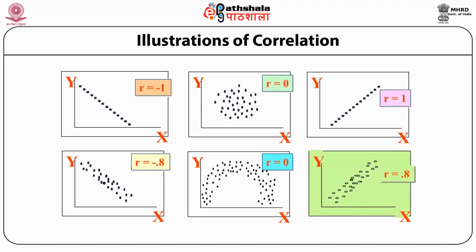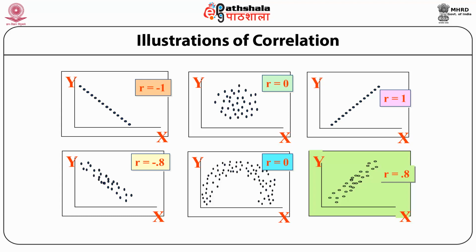Now in this slide you can see the different types of scatter diagram. When the value of r is equal to 1, it is a perfect linear relationship. When r is equal to minus 1, again it is a perfect linear relationship, but with a negative slope. And when r is equal to 0, you can see that the data points are highly scattered, and though they make a pattern, it is not a linear pattern.